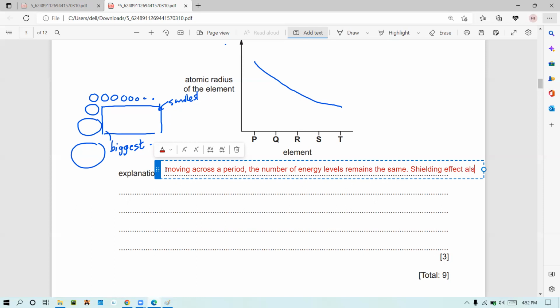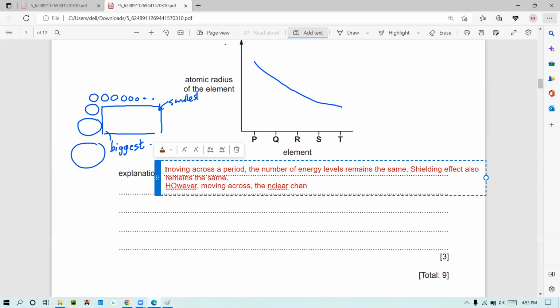Shielding effect also remains the same. Next point. However, moving across, the nuclear charge, the proton number, increases. Hence, the effective nuclear charge increases.